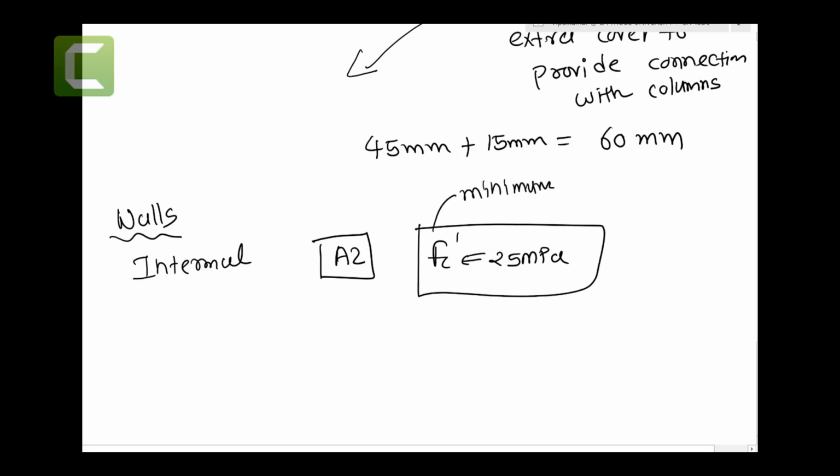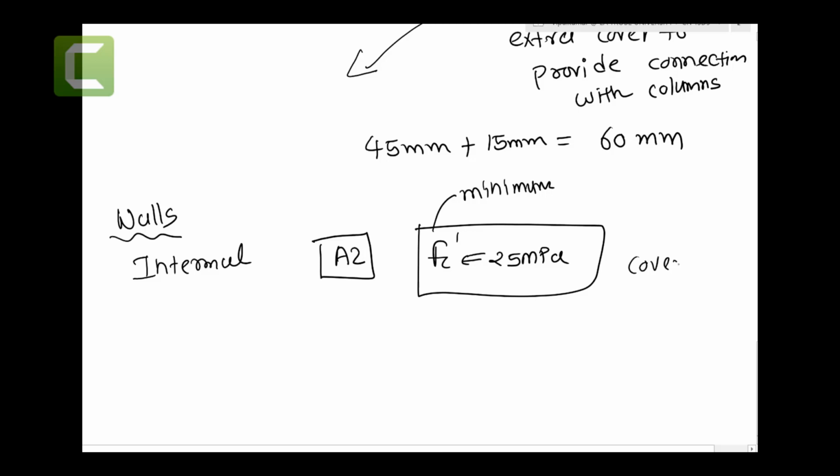For strength purposes, we might need to increase this, but no smart engineer can say that I want to use 20 megapascals, not allowed. You need to start with 25 megapascals to satisfy the Australian standard for durability. Of course, you can use 32 megapascals and 40 megapascals and so on for your strength purposes. We will do the strength checks later in this course, but we need to start with 25 megapascals. That's the minimum requirement.